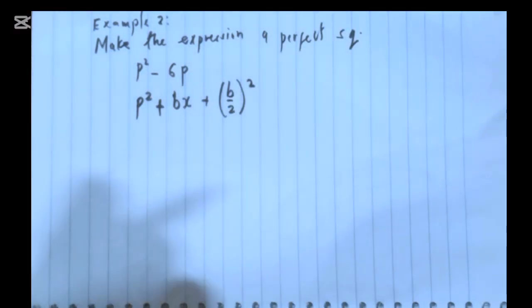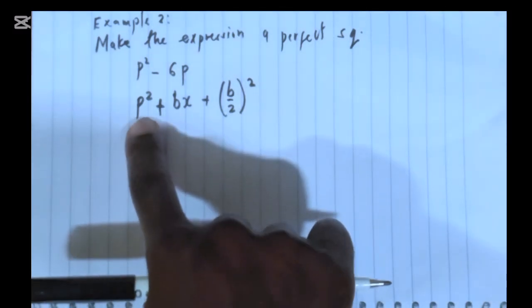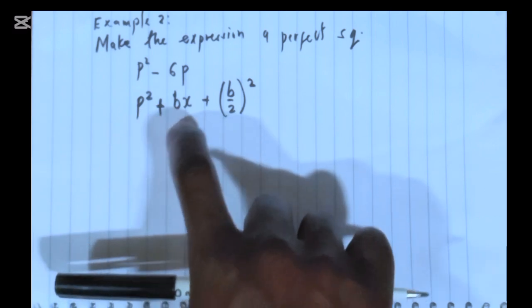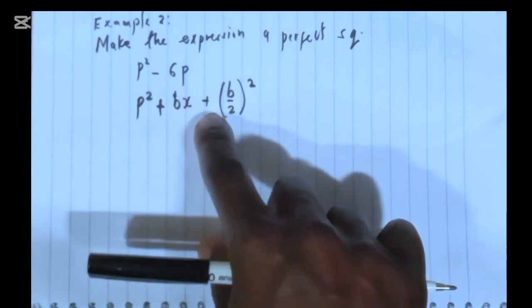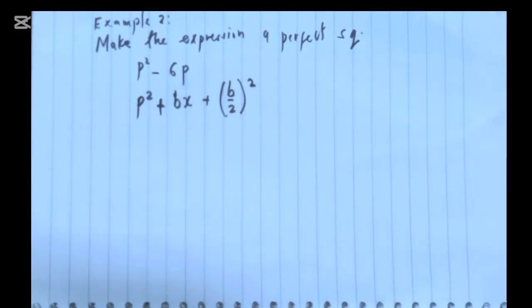So this is the general format for any perfect square when you're talking of a quadratic expression. It's basically the variable squared plus bx plus b all over 2 squared.